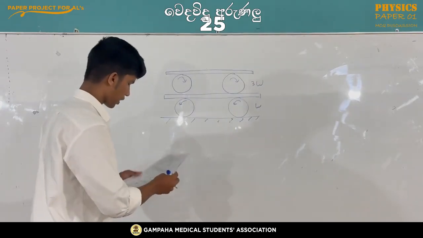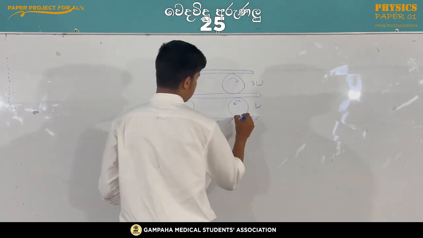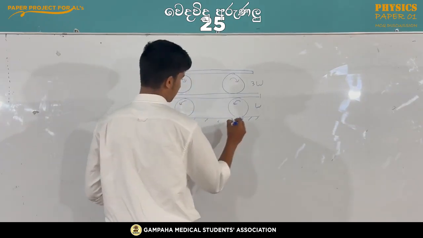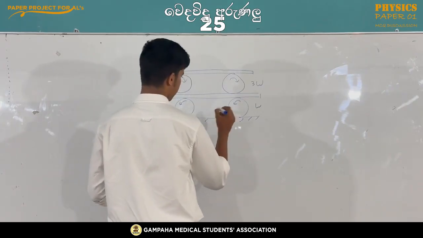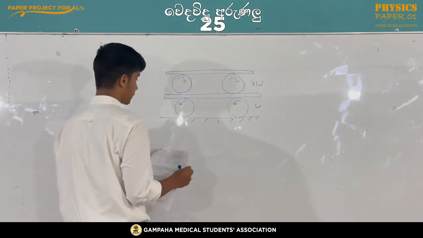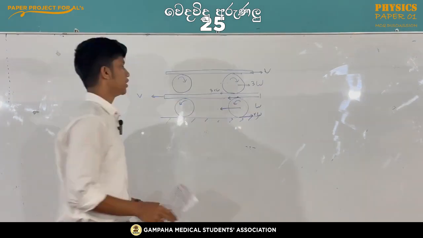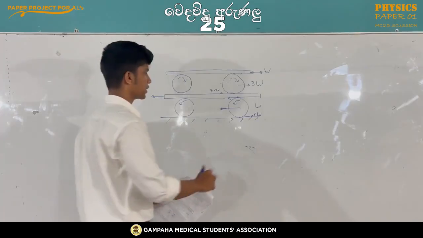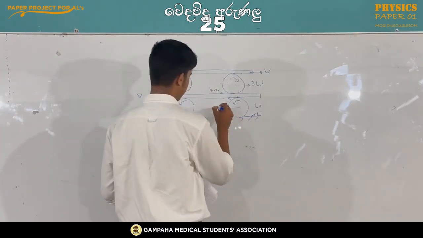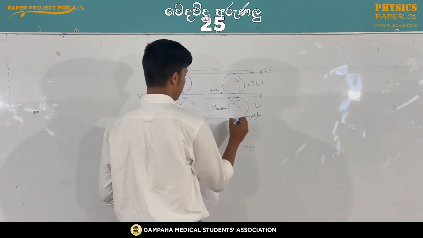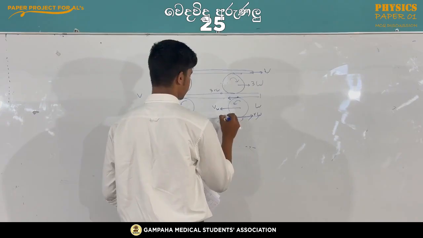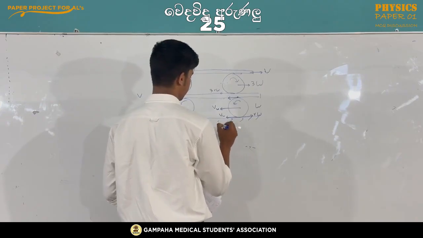So here, if we consider that this point is stationary, then the tangential velocity is equal to the linear velocity of the sphere. If this point is stationary and this is moving towards this side with a velocity, then there's a linear velocity towards this side, v_w.